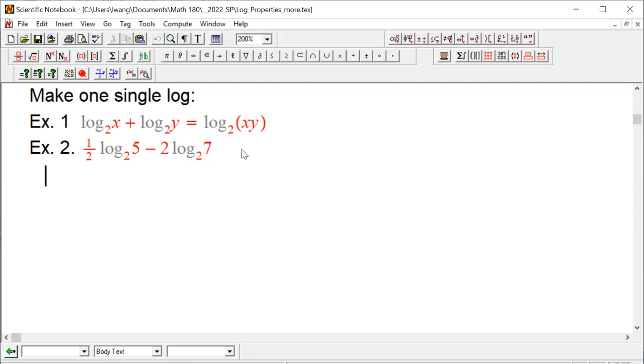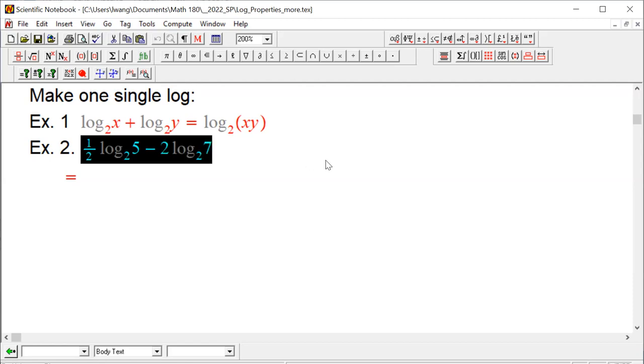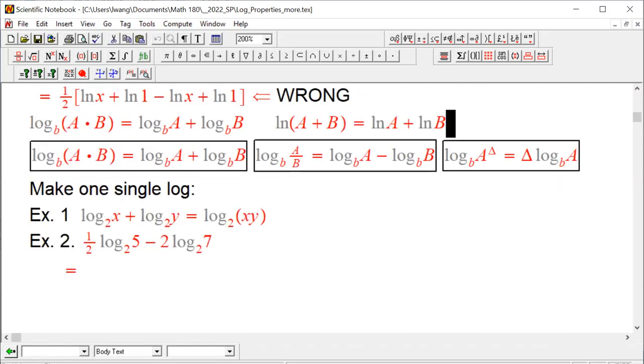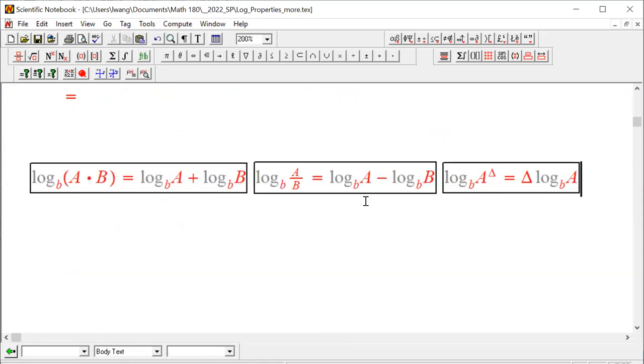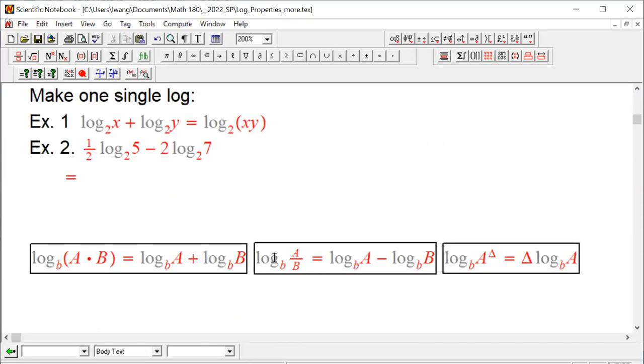If we are to write it as one single log, we have to tidy them up so that we can apply one of these properties: product, quotient, and power.